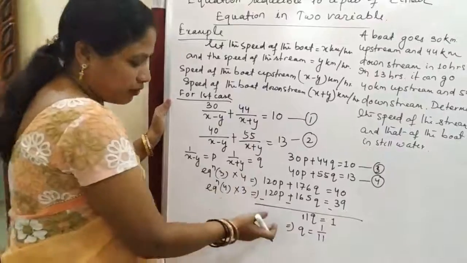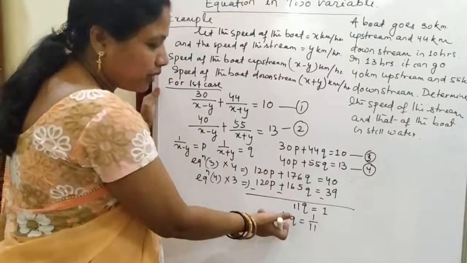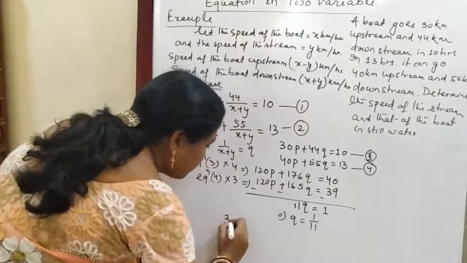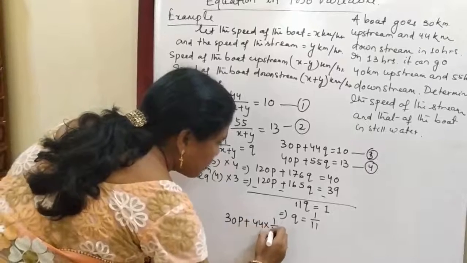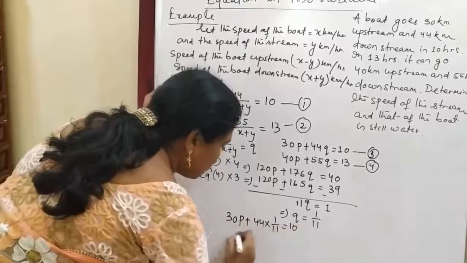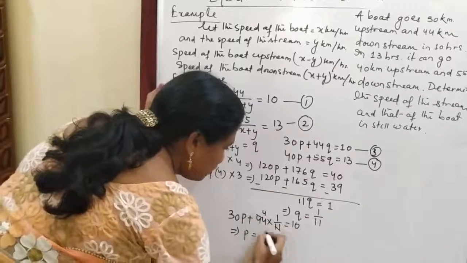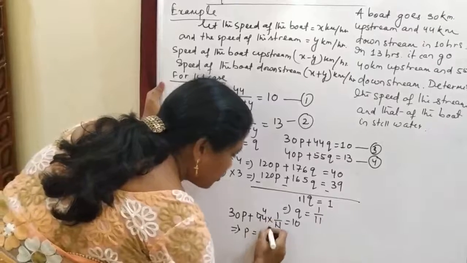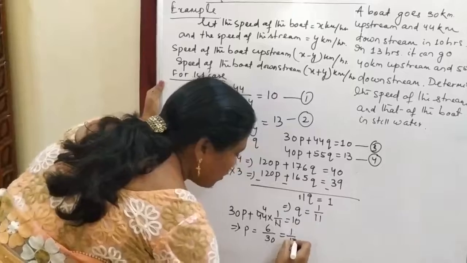If I want to find the value of p here, then I have to put the value of q in this equation. So 30p plus 44 multiplied by 1 by 11 is equal to 10. This is 4, so 30p is equal to 10 minus 4, that is 6, so p is 6 by 30, equal to 1 by 5.